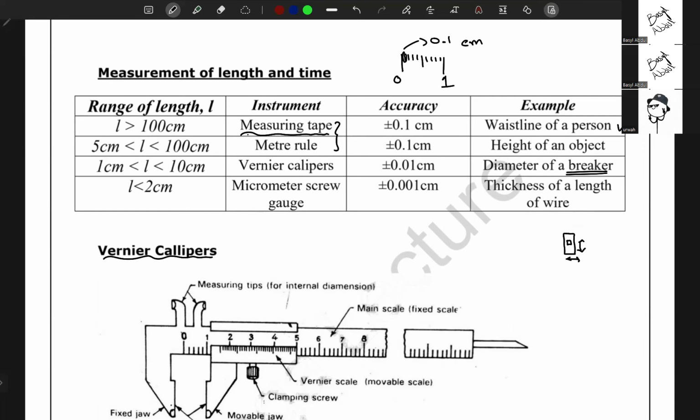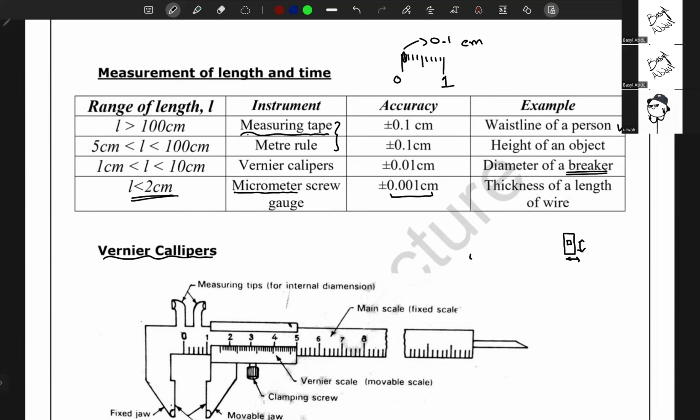Then the next one is the micrometer screw gauge. A micrometer screw gauge is used for lengths even smaller than 2 centimeters. As the name suggests, it is used to measure lengths in the micrometer range, and its accuracy is 0.001 centimeters, which is a millimeter, sorry, basically. You can use a micrometer screw gauge to measure the thickness of wires.